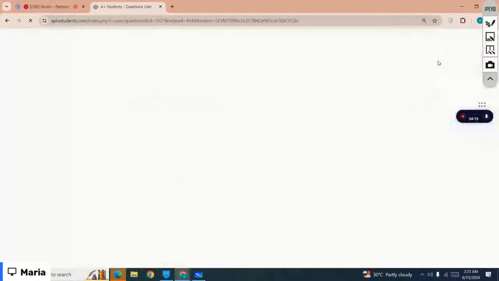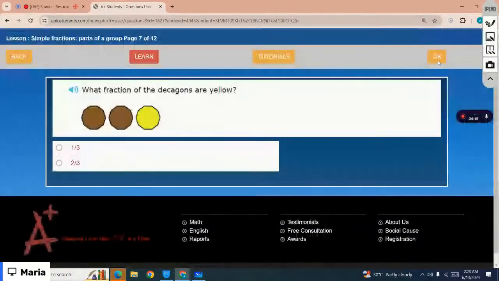What fraction of the decagons are yellow, which is the correct option? That is 1 out of 3.